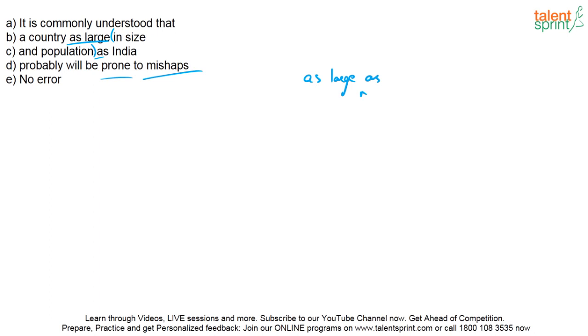Some sort of a difficulty, an issue, a problem, or a setback. Because India is so large in size and population, obviously you can expect it to be likely to have a lot of setbacks, issues and problems. That's what the context is saying. But this is a very tricky one. People might overlook it again. There is an error. Some of you came back and said, hey, I think there's no error, it's absolutely fine. But let's quickly look at it.